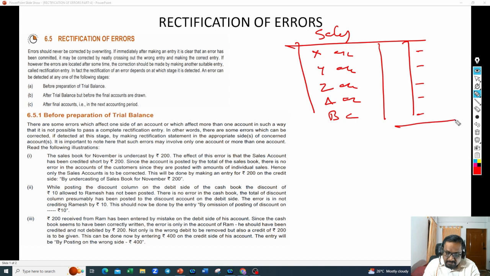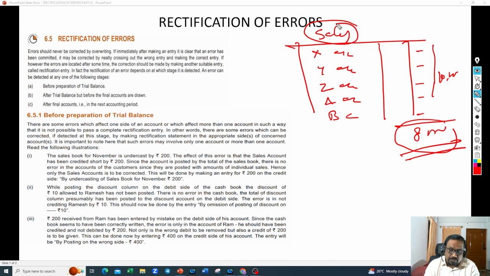And we total this, and let us say this total is actually 10,000, but I totaled it as 8,000 because it is undercasting. Now, where did the mistake happen? The mistake happened in totaling the sales book. Now, from the sales book, what are the ledgers we generally post? We post to the sales account.